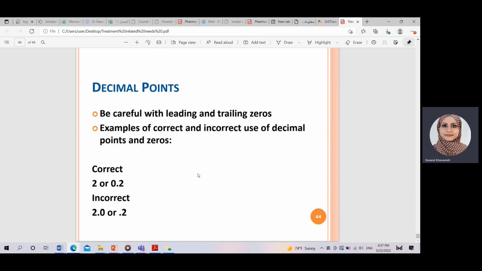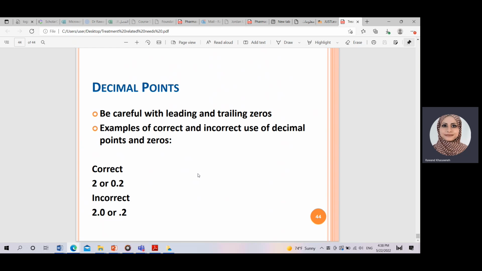For example, it's okay to use 2 to indicate the needed dose, but do not use trailing zeros to the right of the decimal point, because it might be misinterpreted as 20 instead of 2, which is 10 times higher than the intended dose.